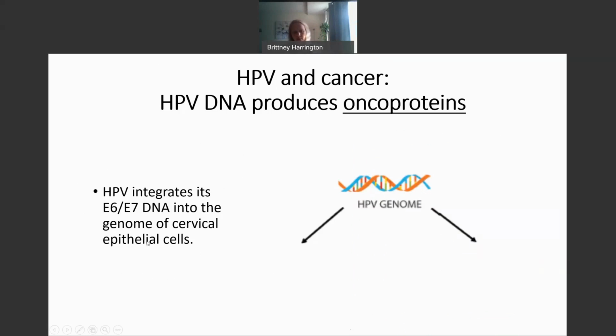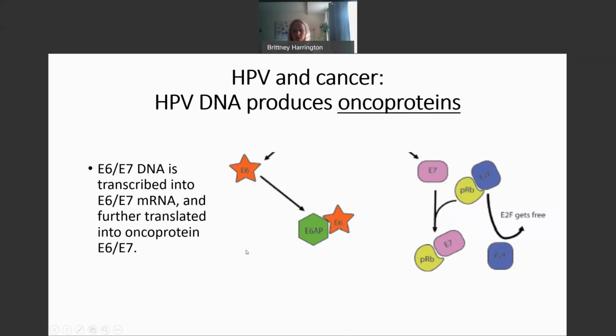So cervical epithelial cells, or whatever epithelial cells are infected, HPV inserts its genome. And so the inserted genome is transcribed, making messenger RNA that translates into these oncoproteins, so that means cancer-causing proteins called E6 and E7.